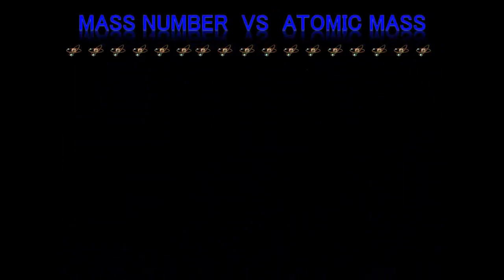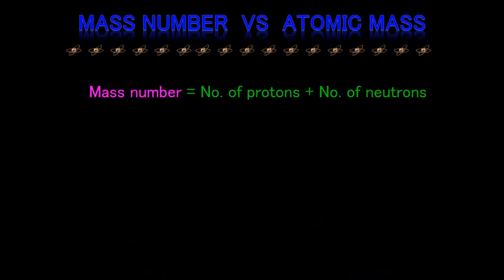Now, the atomic number we talked about earlier is the number of protons in the nucleus of an atom. The mass number is the sum of the number of protons and the number of neutrons. You just add them up and you get the mass number. Please remember, the mass number is not the mass of an atom or of an element.